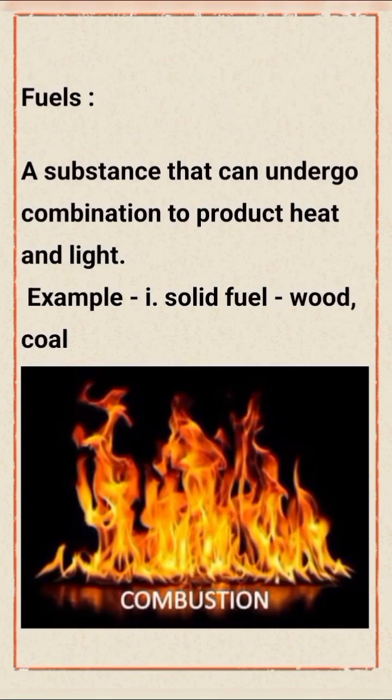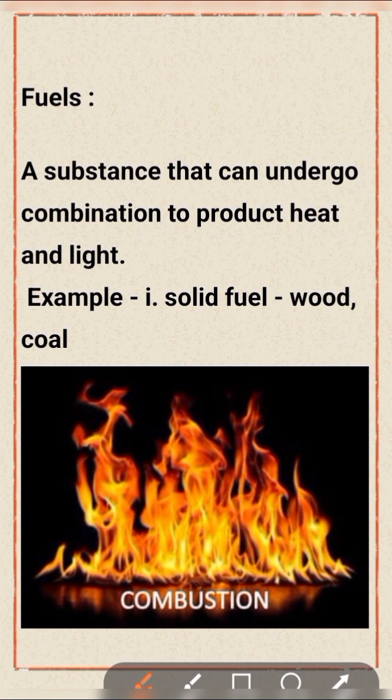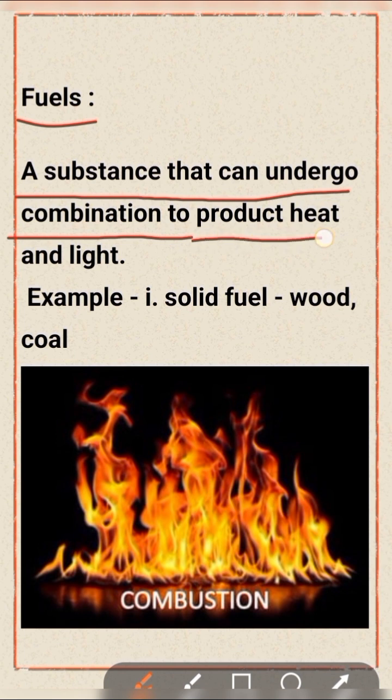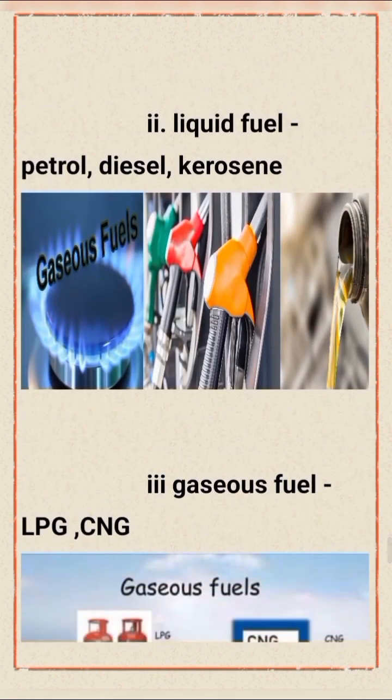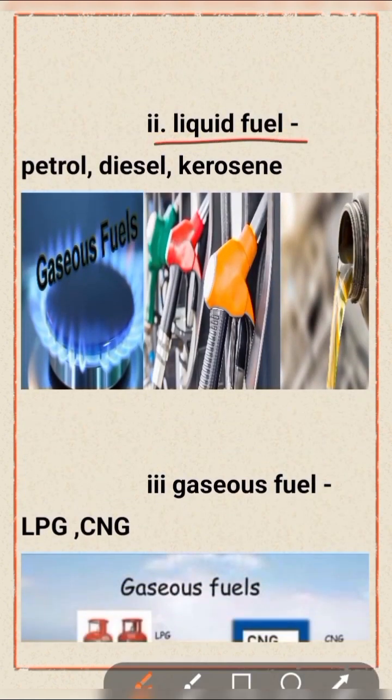Now discuss fuels. Okay. A substance that can undergo combustion to produce heat and light. Example, solid fuel, wood, coal. Next type fuels, that is liquid fuels, petrol, diesel, kerosene.